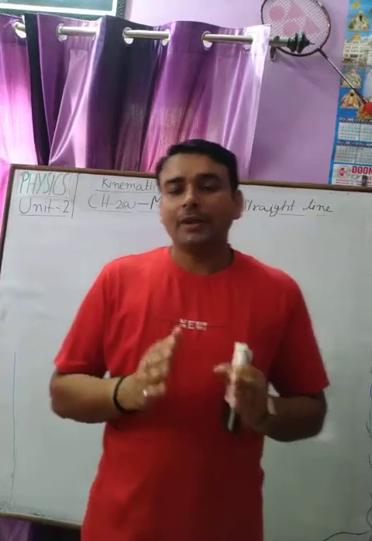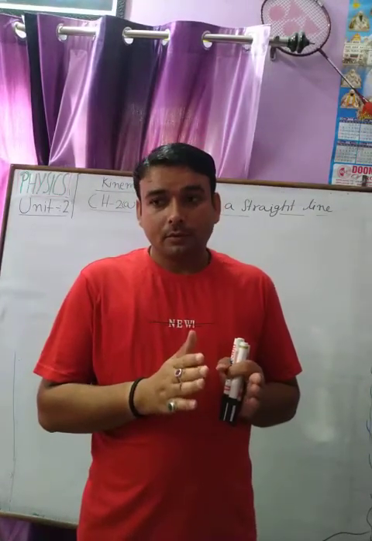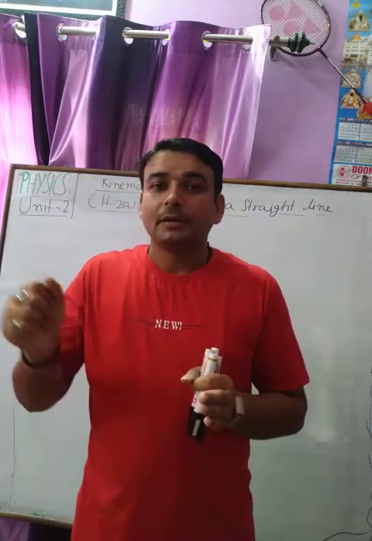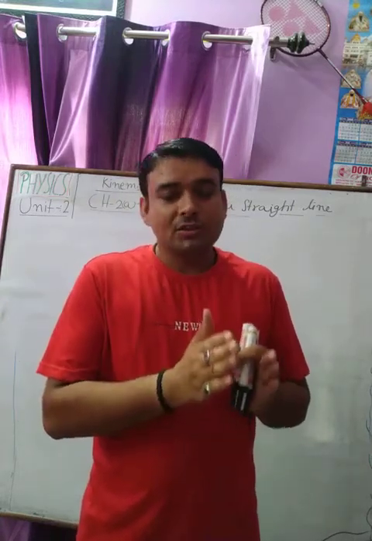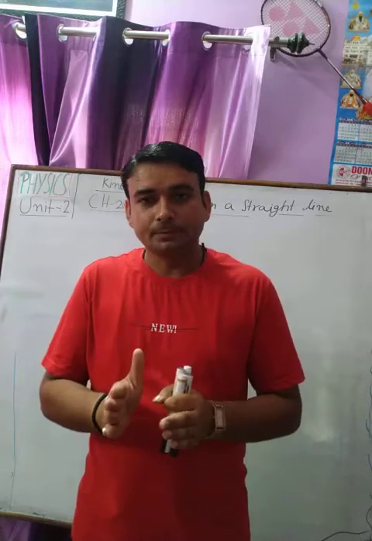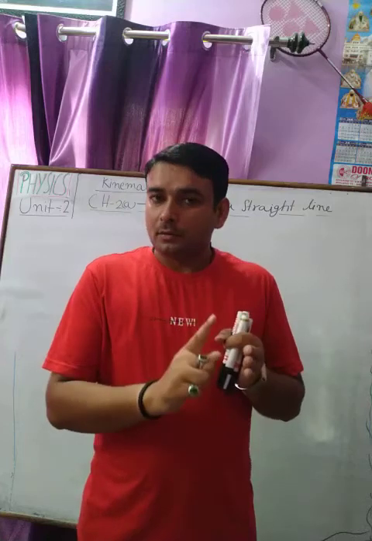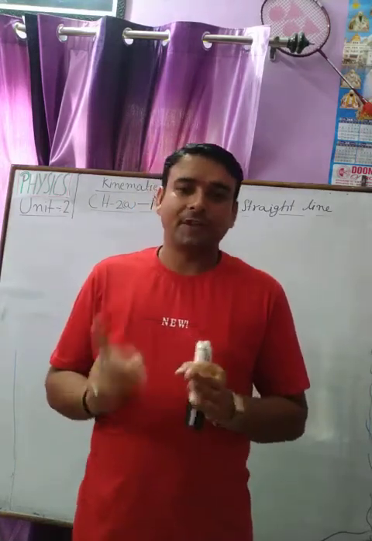In fact, when we define motion, we need to define it with a reference point. The motion of an object is defined as the change of position with respect to time, observed from a fixed point. That fixed point is called a reference point.